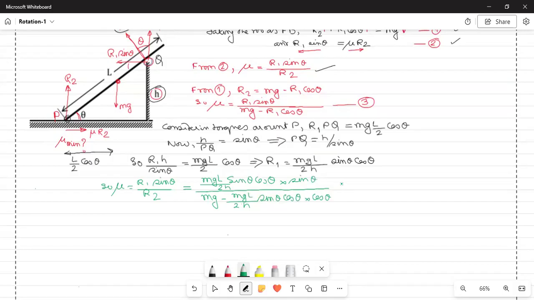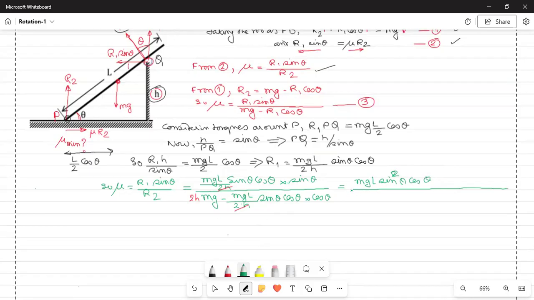So what do we have finally? This is the value of mu. The 2H at the bottom can get cancelled if we multiply by 2H. So at the top we have mgL sine square theta cos theta.